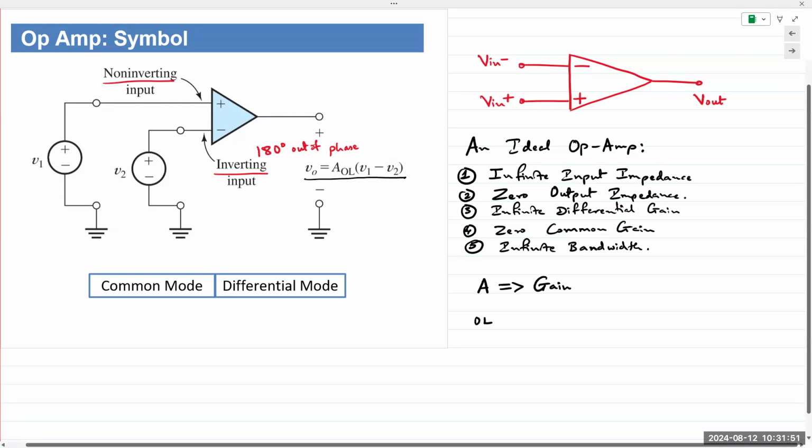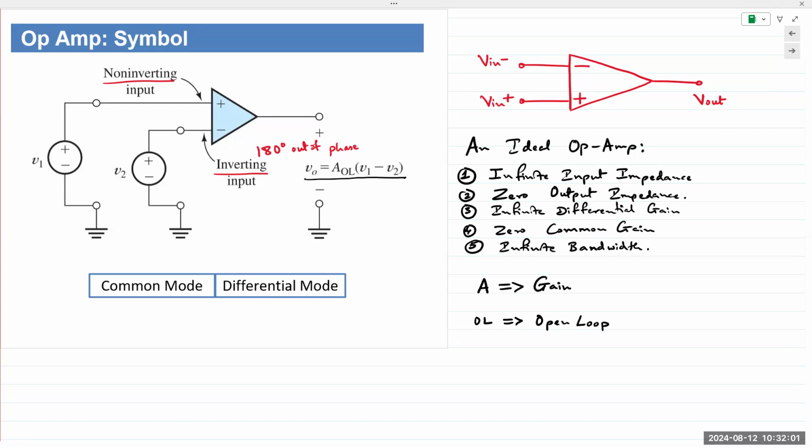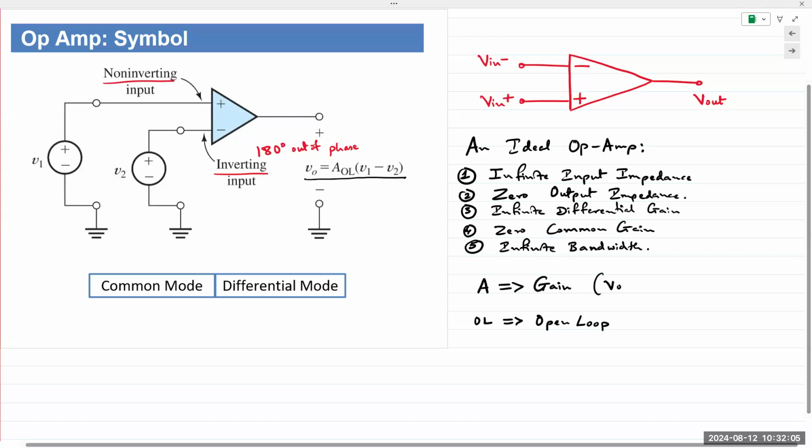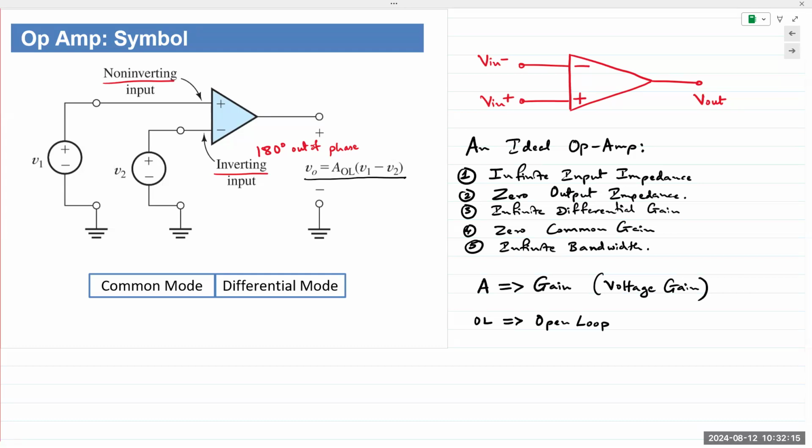And OL stands for open loop. Okay, A stands for gain, specifically voltage gain. So it has infinite open loop gain.